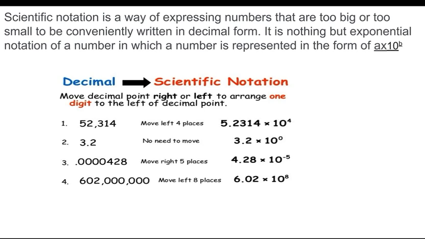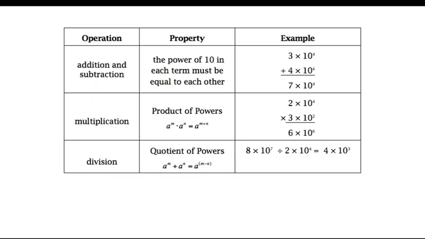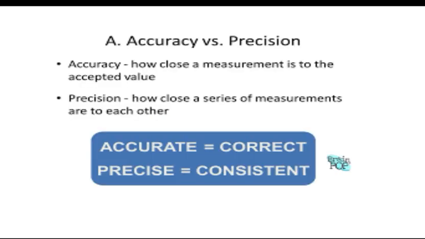Okay, clear? Next, our addition and subtraction. First of all, we calculate accuracy and precision, right? Accuracy means how close a measured value is to the true value, and precision is how close repeated measurements are to each other.